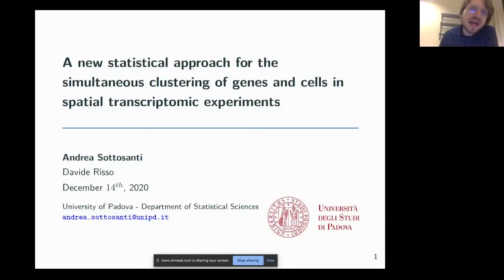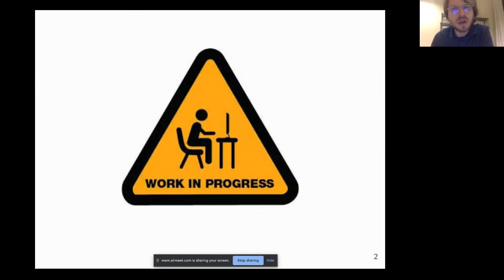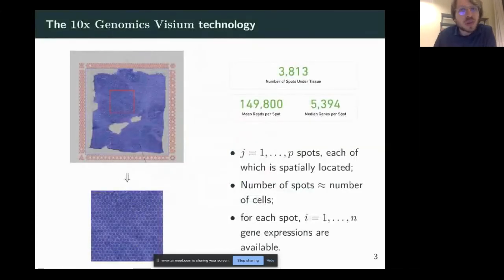Before starting, I want to tell you that this is an ongoing project, so every suggestion is very welcome from you. My research work is basically on the 10x Genomics dataset. This technology is a new sequencing technology which allows us to have not just the expression of thousands of genes, but also a reconstruction of the spatial structure of a sample of tissue.